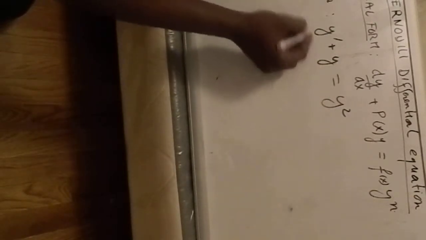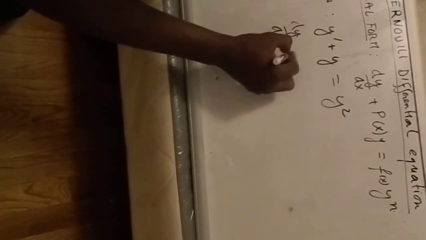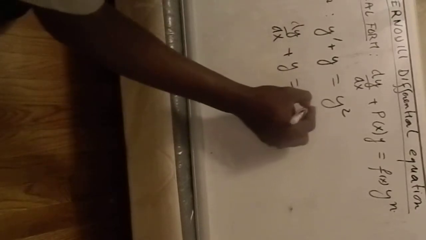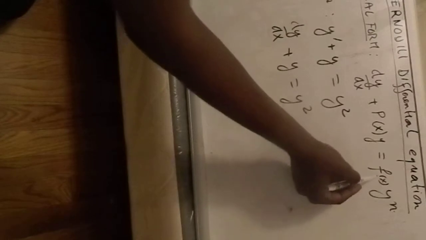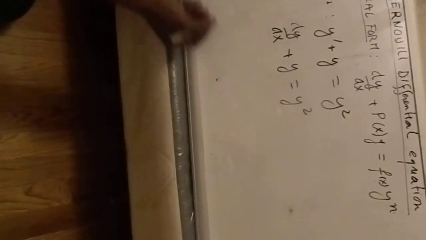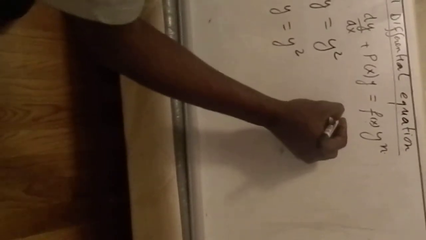Y prime can be written as dy/dx, plus y equals y squared. And you can see that my p of x here is 1, and my f of x is 1 as well.